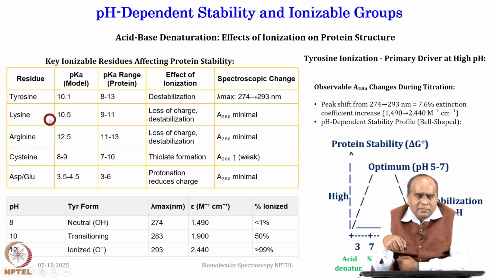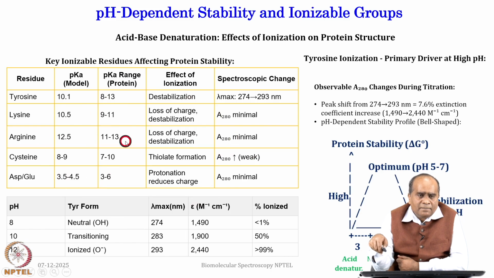Similarly, lysine has a pK of about 10.5, and the range is 9 to 11 for destabilization. Here there is a loss of charge, because you remember lysine has a positive charge at the site. So, if you keep increasing negative charge, stabilization will be lost and it will be destabilized. Similarly, arginine, again a positive charge, increasing the pH will destabilize it.